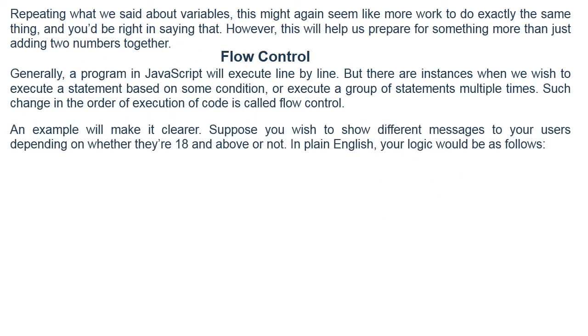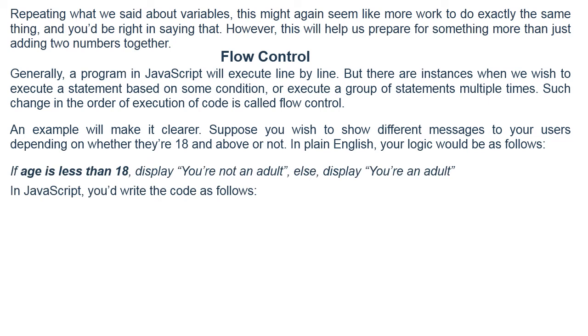An example will make it clearer. Suppose you wish to show different messages to your users depending on whether they are 18 and above or not. In plain English, your logic will be as follows: if age is less than 18, display 'you are not an adult', else display 'you are an adult'.